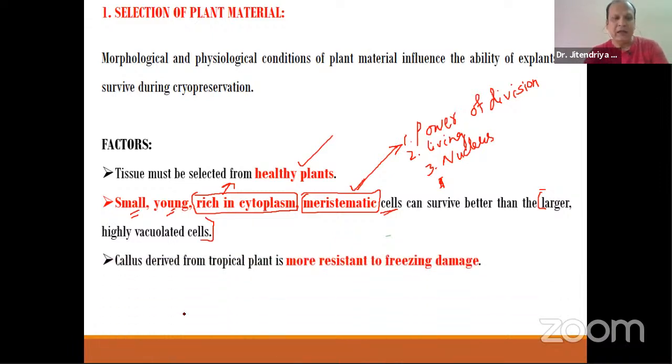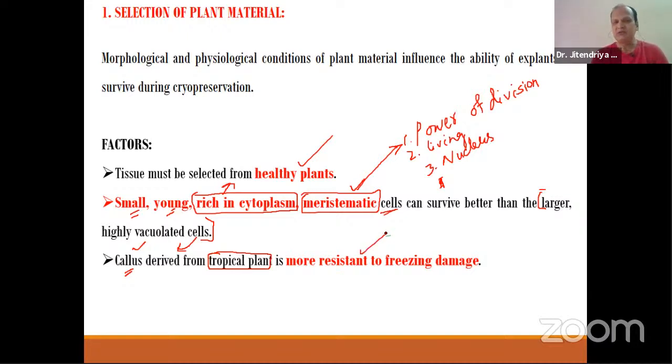And after selection of these cells, let us say you have prepared the callus. Those calluses, particularly in case of tropical plants, are preferable. Why?